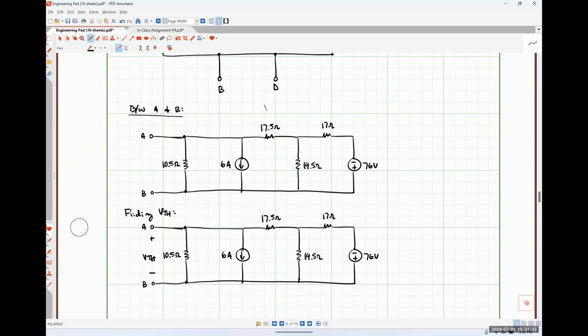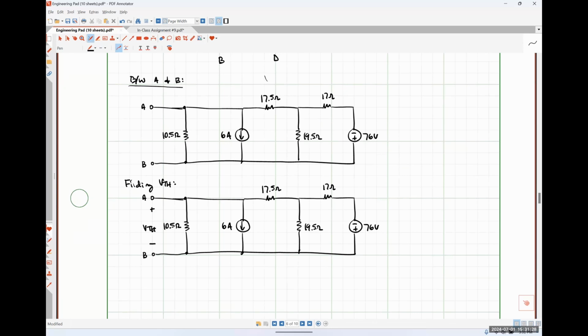So I'm going to solve this as if there were two nodes. I'm going to choose for the bottom node to be ground.